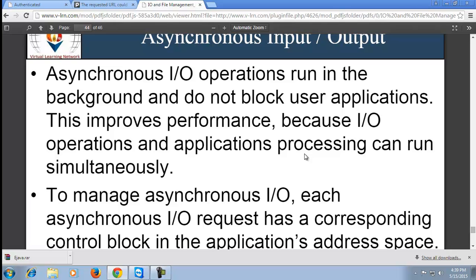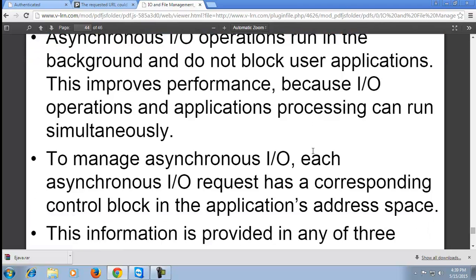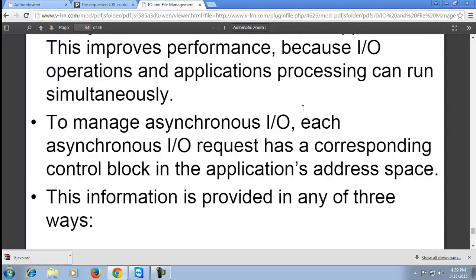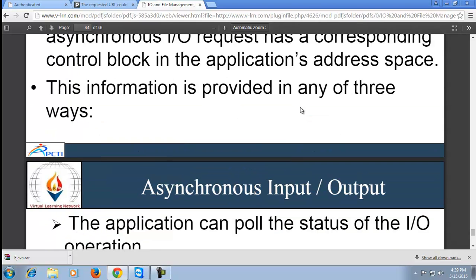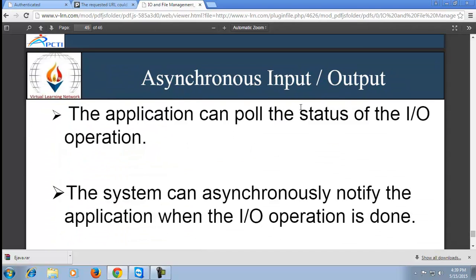To manage asynchronous input-output, each asynchronous input-output request has a corresponding control block in the application's address space. This information is provided in any of three ways by which we can access, store and retrieve the content.